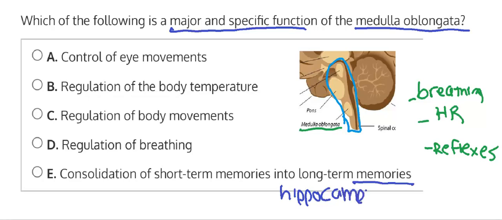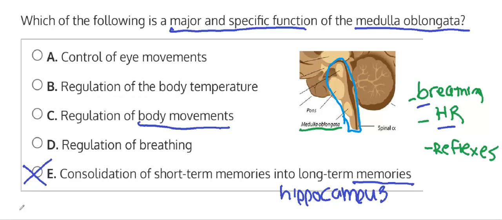That's what controls memories, and therefore we could eliminate that option because it would be way too specific for the brainstem. Same thing if we take a look at option C, regulation of body movements. Is that something that the brain absolutely needs to keep the person just alive, just living? No, someone could technically live without any body movement because we're looking at the very basic function of breathing and heart rate.